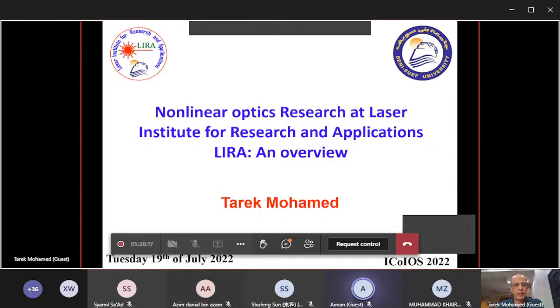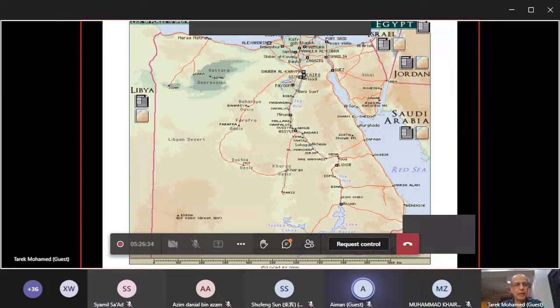Before I start my scientific talk, I would like to show you some fun facts about ancient Egyptian people. We start with the Egyptian map. The ancient Egyptian people lived around the river, and we still do till now. And here is my city, called Beni Suef. It is located 120 kilometers south of Cairo, and my university is in Beni Suef.